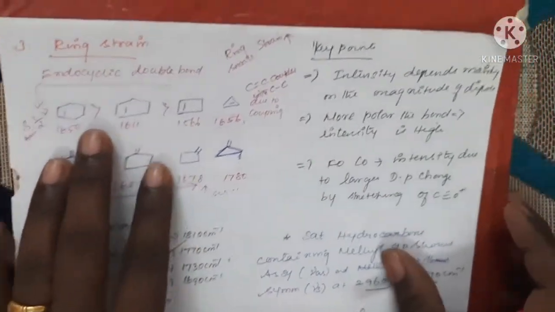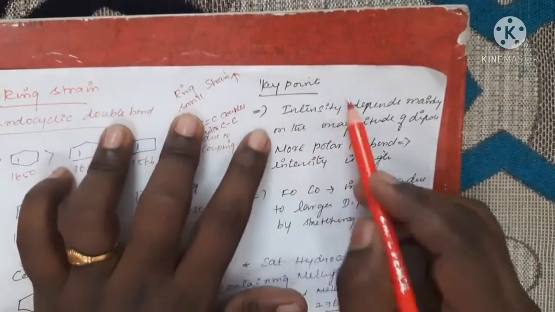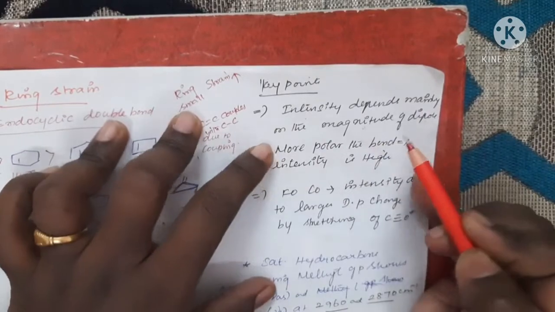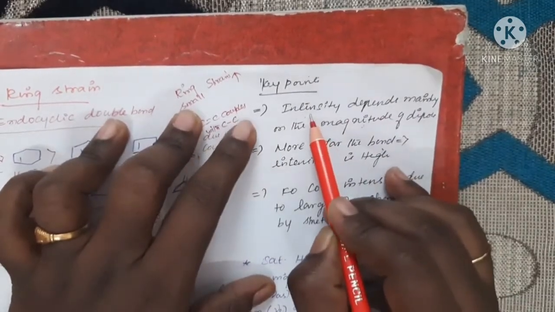I listed some key points here for your reference. Intensity depends mainly on the magnitude of the dipole. That means if the dipole is higher, then automatically intensity is higher.